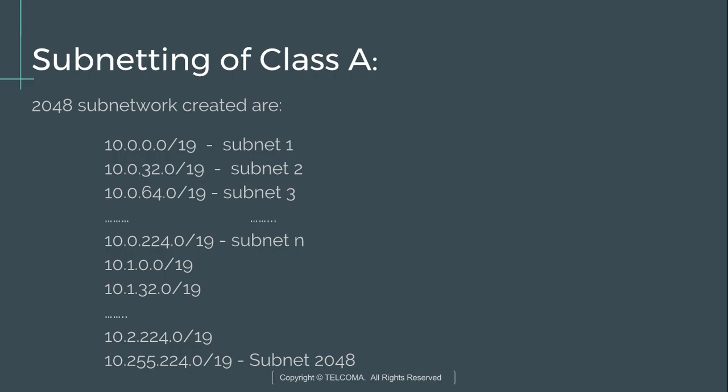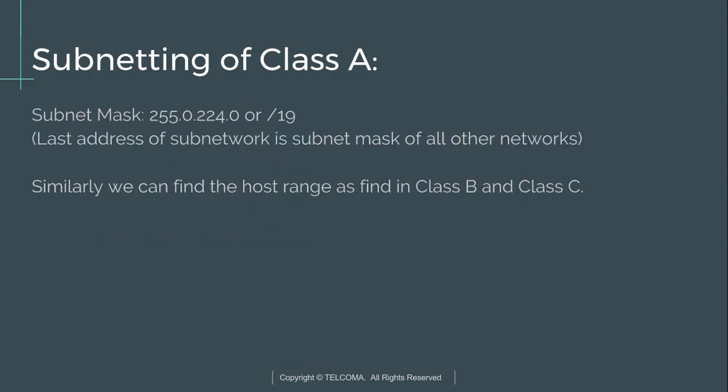How do we calculate the subnet mask? 255.255.224.0 is the subnet mask of these IP addresses. The last value of the subnet mask ends with 224. So here 224 is the subnet mask value of these IP addresses.